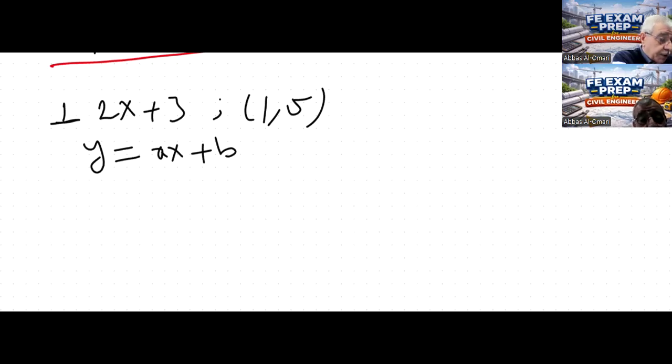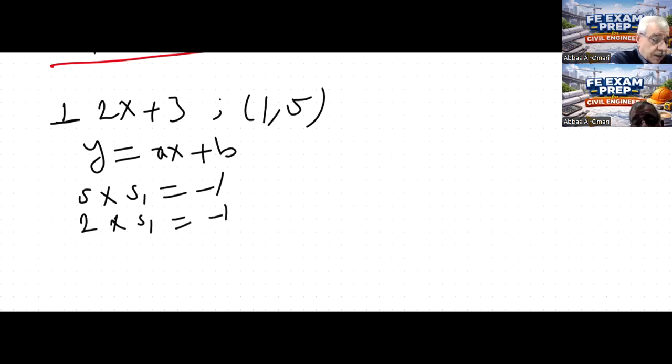Let's say S multiplied by S1, the one we want to find, equals -1. So S is 2, the given value, times S1 equals -1. So this gives us that S1 equals -1 over 2. This is the slope of the line we want to find the equation for.